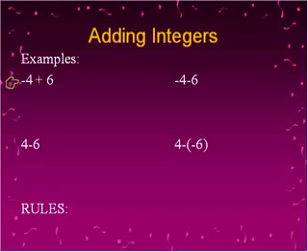The rule for adding integers when one is negative and one is positive is that you're always subtracting. So 6 and 4, if I subtract them, I get a 2. Then we look at which number is larger, the 6 or the 4. The 6 is larger, and whatever sign it has will be the sign of my answer. Since it's a positive 6, my answer to negative 4 plus 6 is a positive 2.